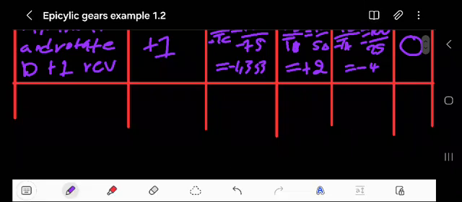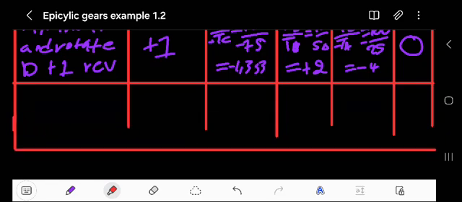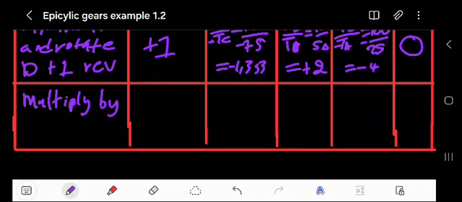Then the second column, we multiply by x and you add y.